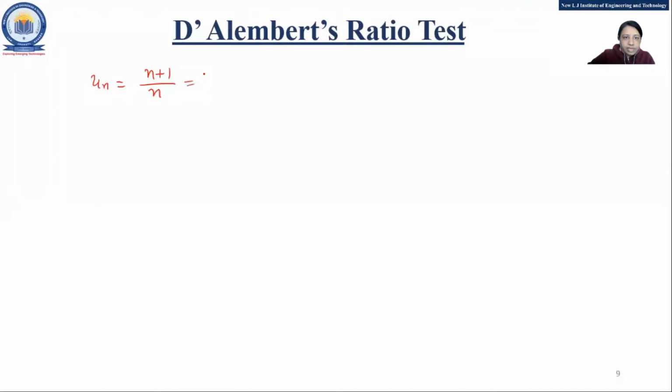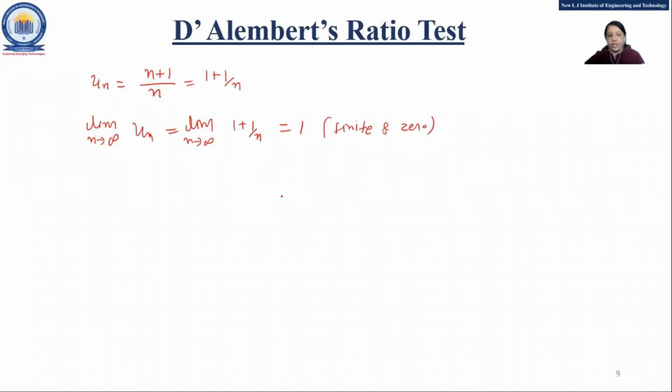Taking n common, it can be written as 1 plus 1 by n, right? So now the limit as n tends to infinity of un is the limit of 1 plus 1 by n, so your answer would be 1. That is finite and nonzero. This is the same approach we followed initially, and we are following the same thing here also.